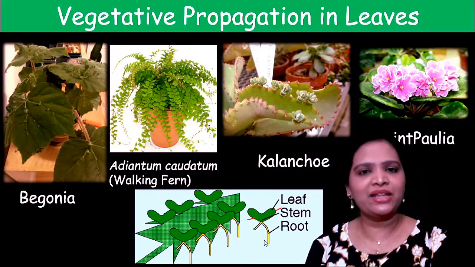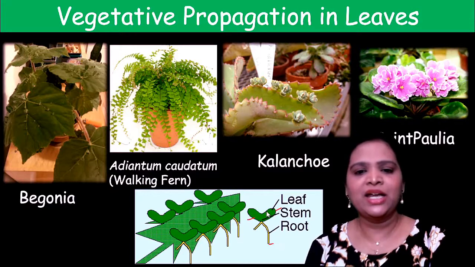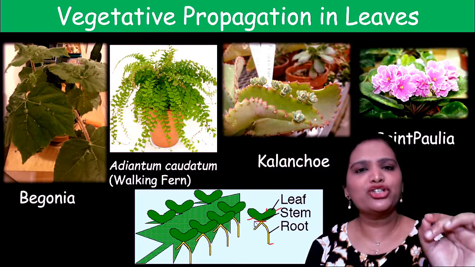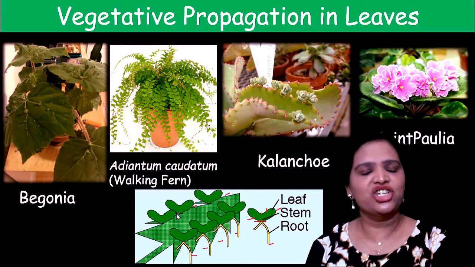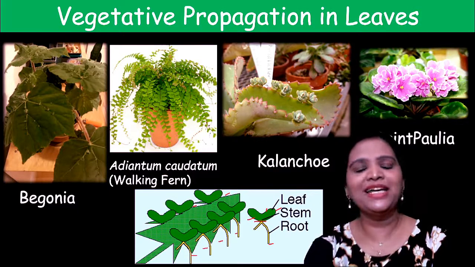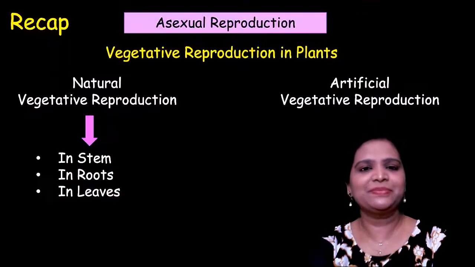Only when these fall on the soil, from that place it starts growing. They have a root system, a shoot system, and an intermediate small short stem. Like this, on the margins of the leaf, the plant carries many adventitious buds. This is a method of asexual reproduction by leaf modification, right?